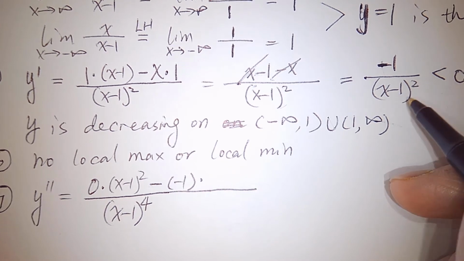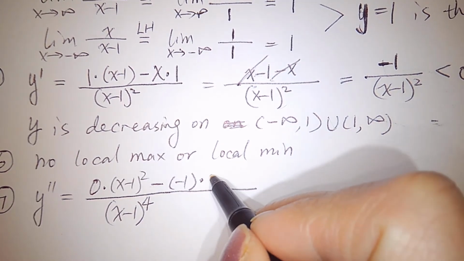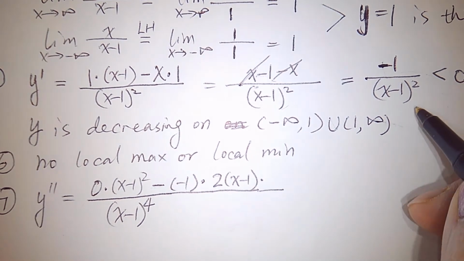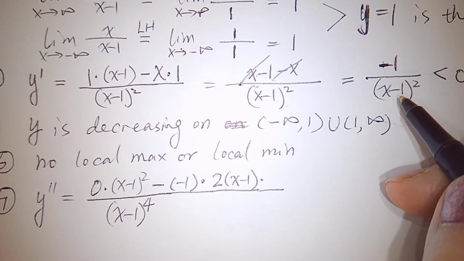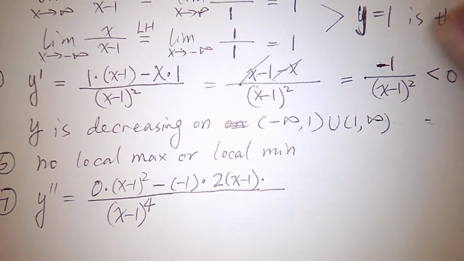What is the derivative of x minus 1 squared? By the power rule, 2 times x minus 1, right? And then times by the chain rule. What is x minus 1's derivative with respect to x? 1.